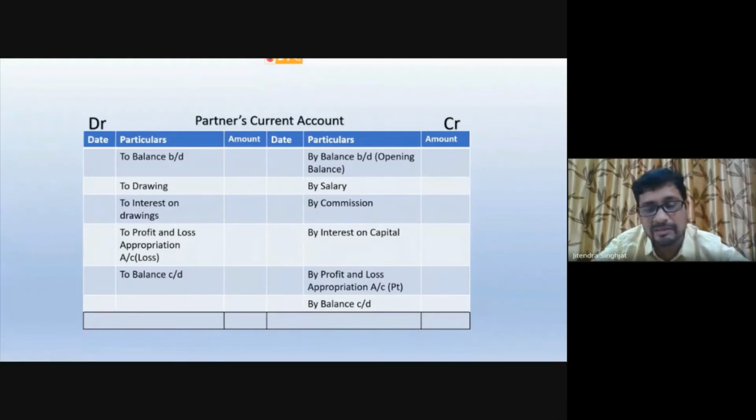So anything which partner gets other than capital is recorded in partner's current account, and whatever partner has to give is recorded in debit side. Partner's current account is prepared only when partner's capital is fixed. It is the account in which both debit and credit balance can come. Remember children, okay? Now we are moving on to the next method, when partner's capital is fluctuating.